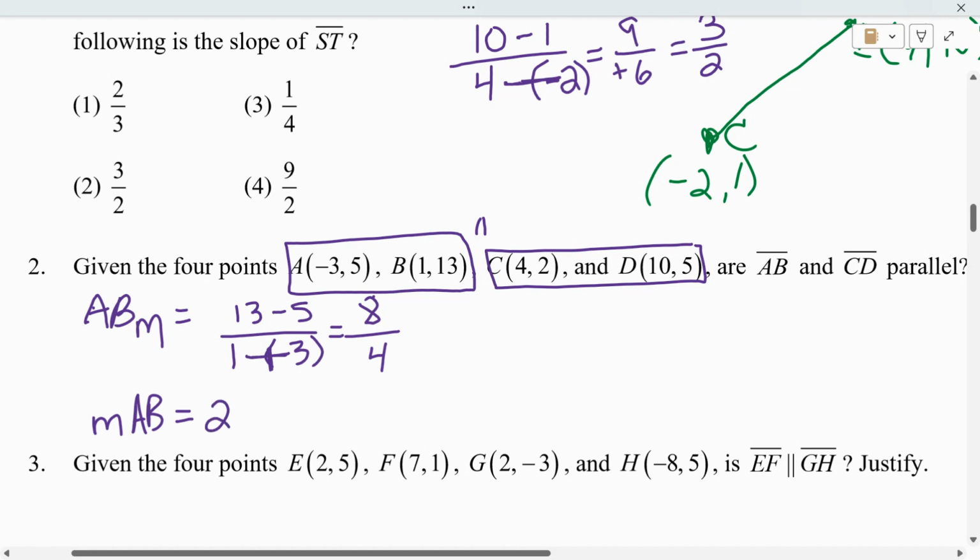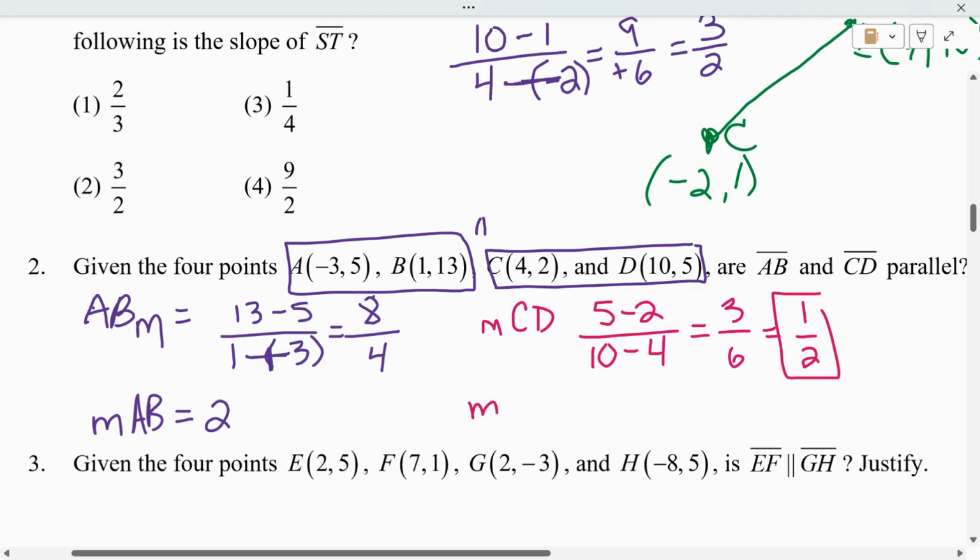So now I'm going to check the slope of segment CD. The slope of segment CD is 5 minus 2 over 10 minus 4. Well, 5 minus 2 is 3, and 10 minus 4 is 6, and 3 over 6 is the same thing as 1/2.